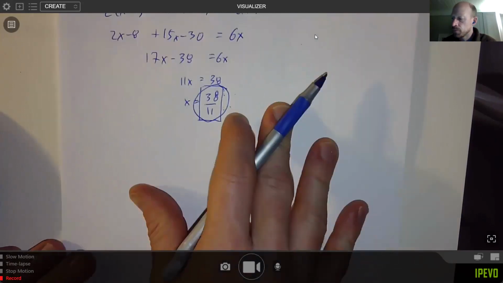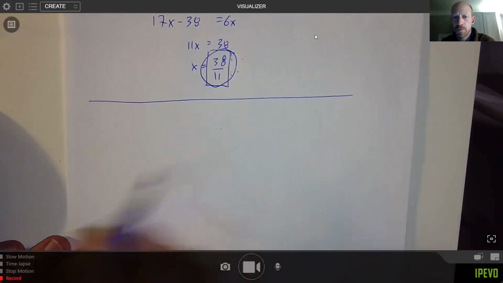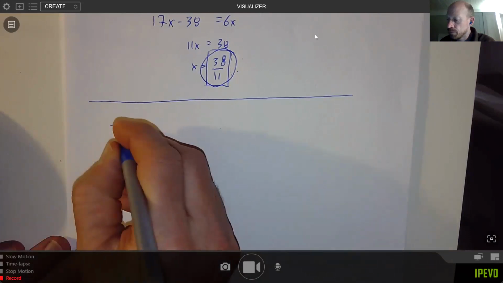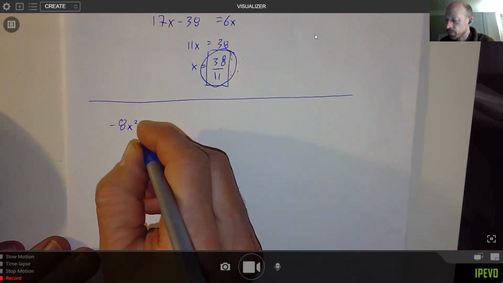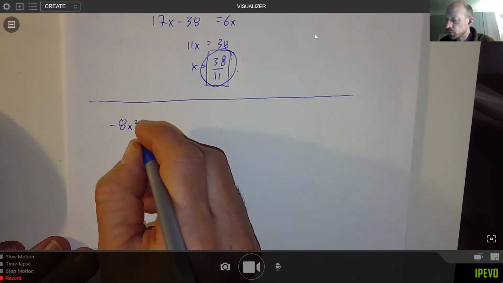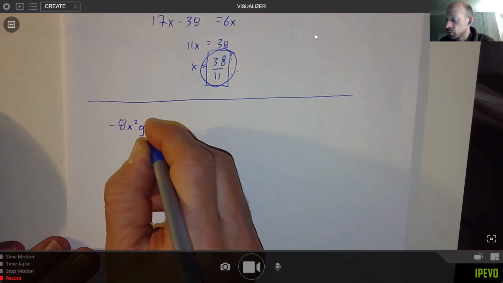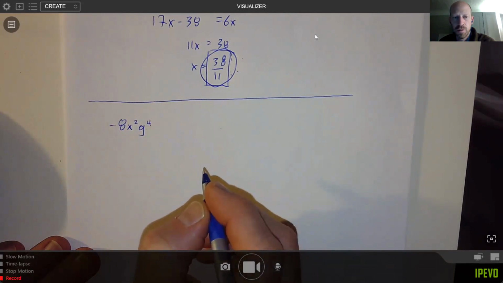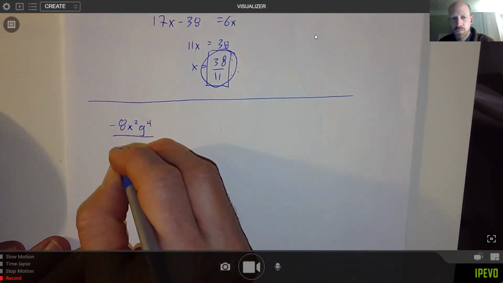So for my lab, it says negative 8f squared g to the 4th over, so divided by, so that basically the whole thing is a negative number instead of saying a negative 4.